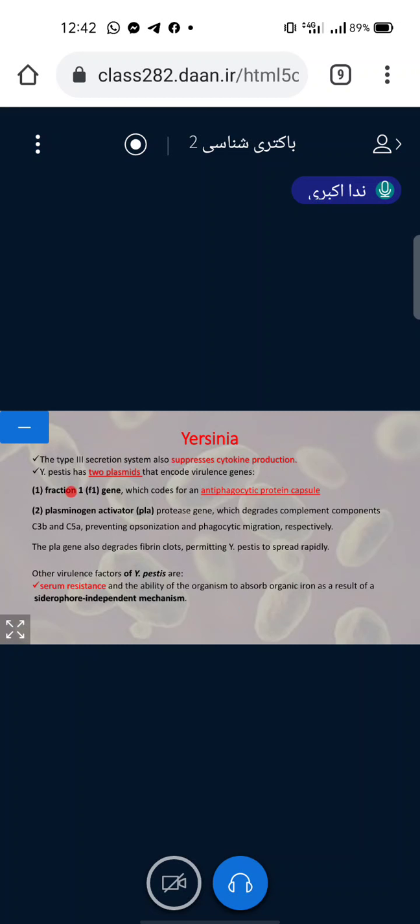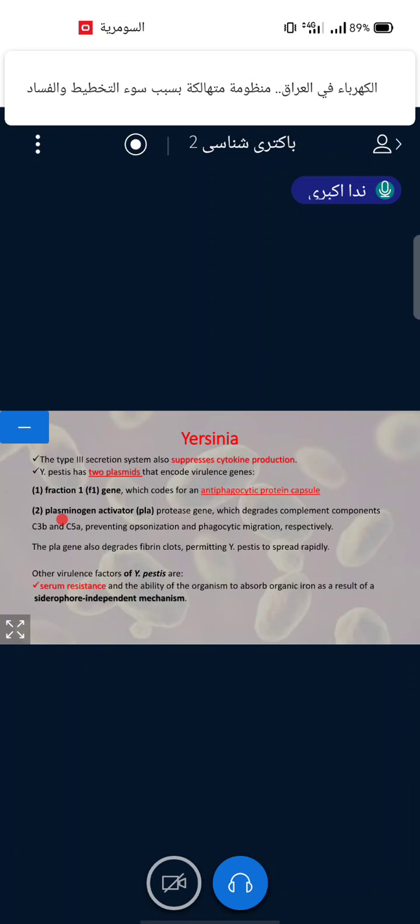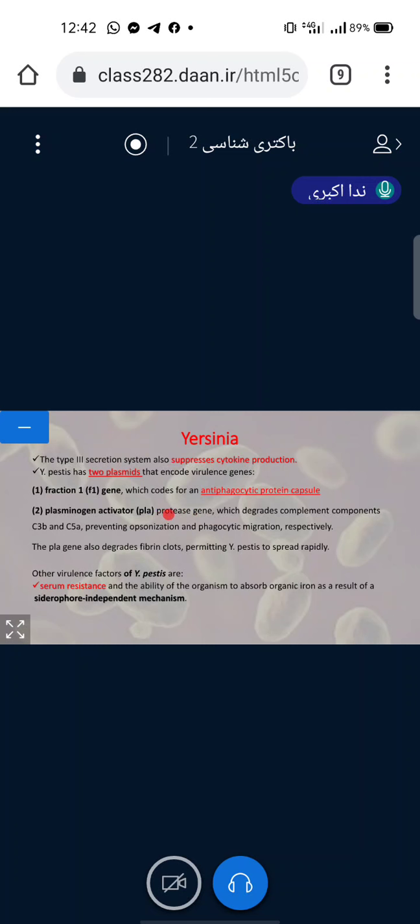So these two plasmids are important. Plasmid number 1, fraction 1, and plasmid number 2, plasminogen activator protease gene, degrade complement component. The material of this component is proteins.